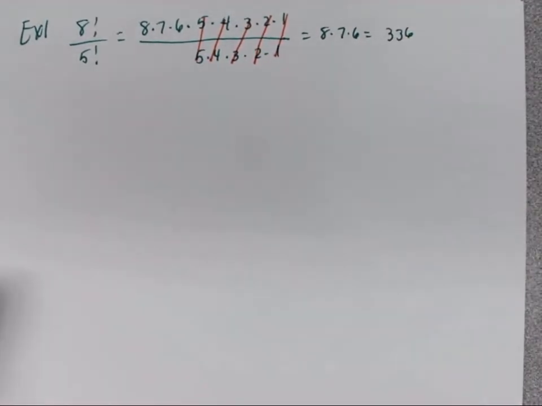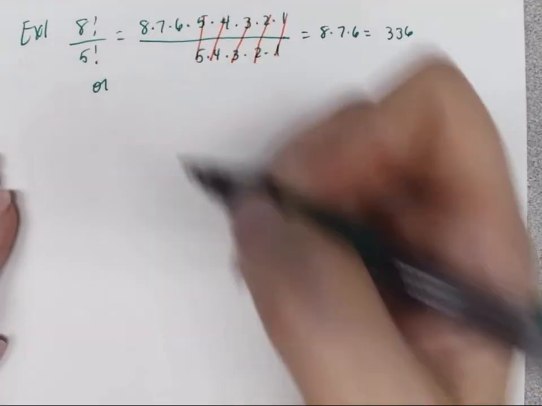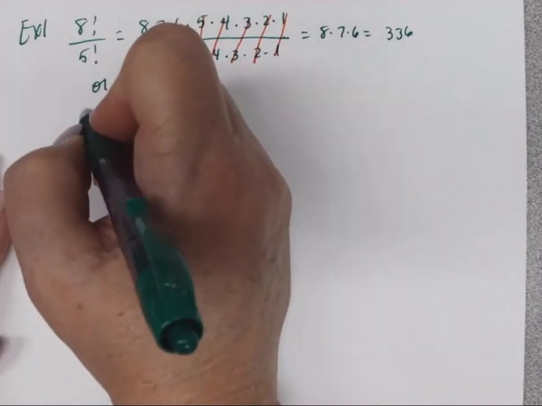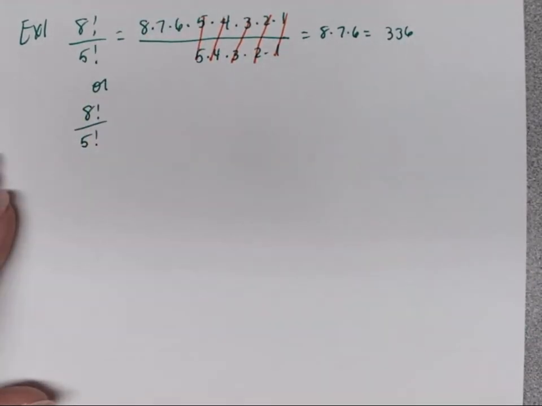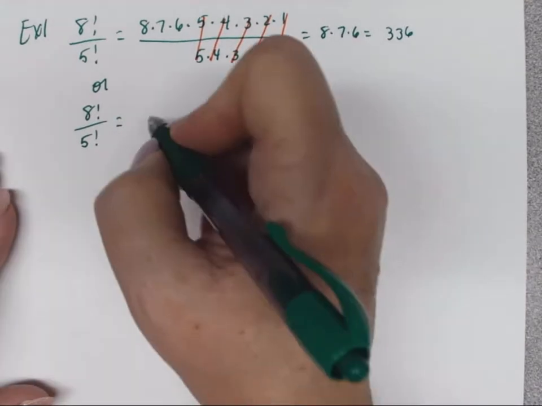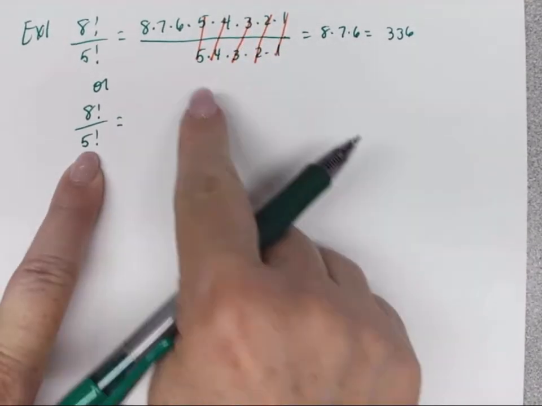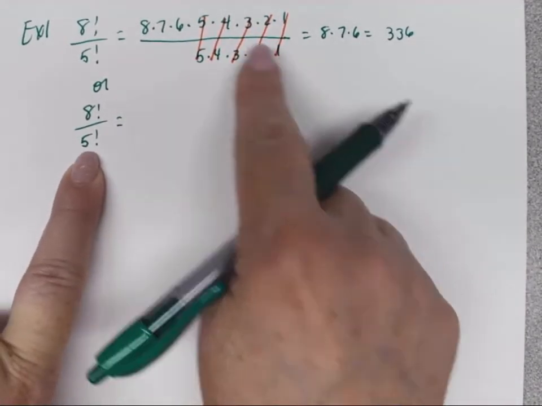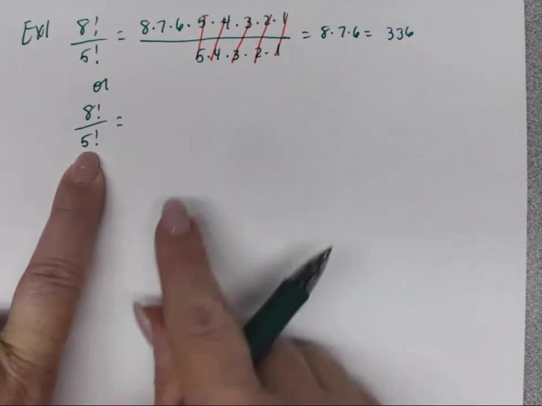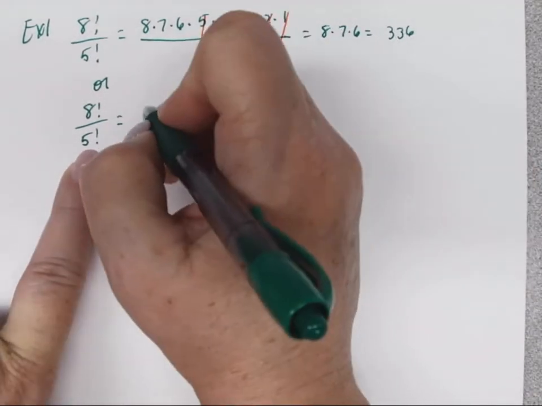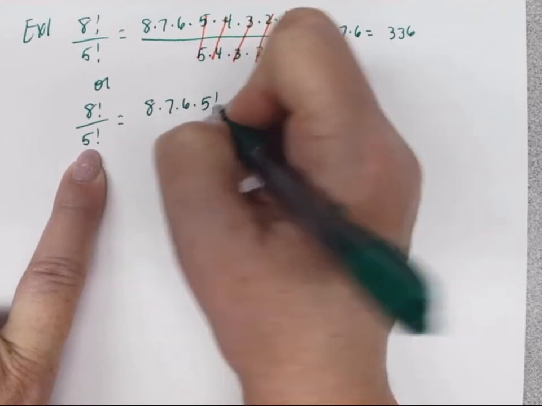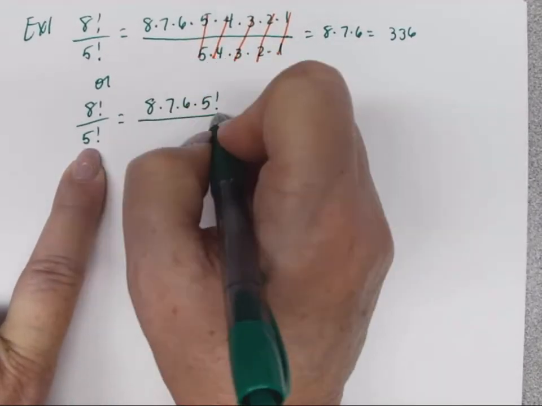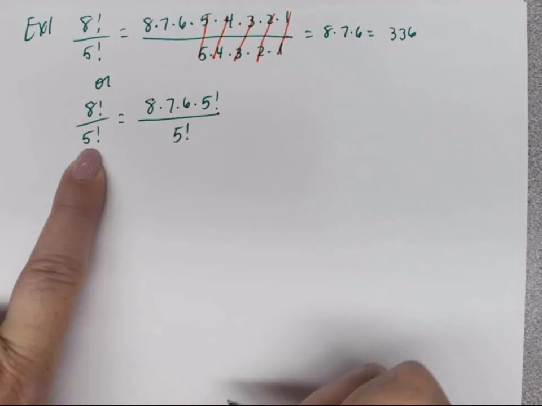Now there's a simpler way we can write this out, and I'm going to show you that. We can also write it this way: 8 factorial over 5 factorial. We know the 5 factorial will cancel out with the 5 factorial on the top, all the numbers from 5 to 1. So I can write this as 8 times 7 times 6 times 5 factorial over 5 factorial.